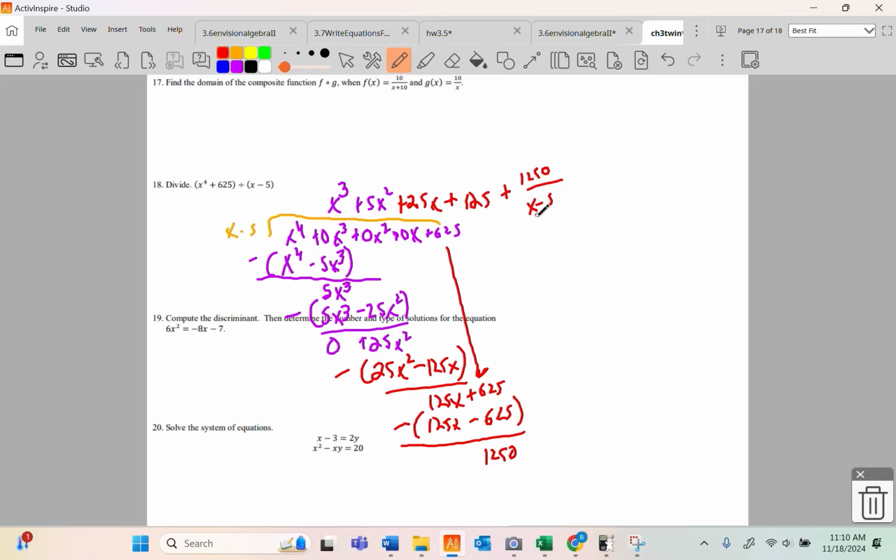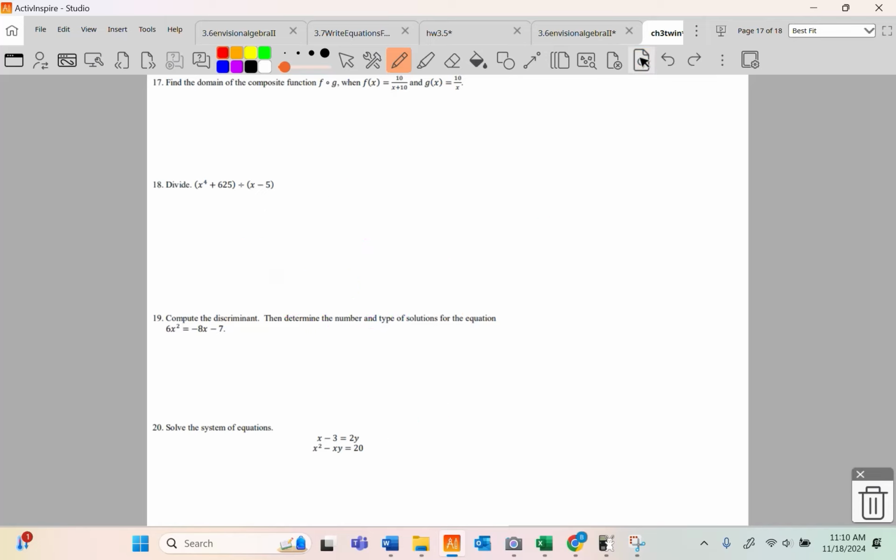Long division. Let's see, we have compute the discriminant. The discriminant is the b squared minus 4ac piece. And of course, we must be equal to 0. So 6x squared plus 8x plus 7 is 0. So b is 8, a is 6 and c is 7.